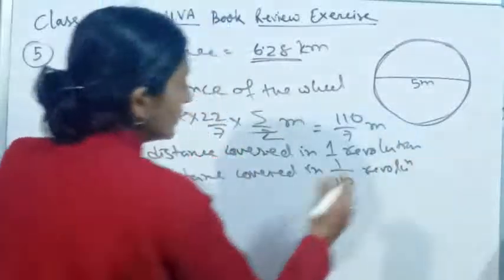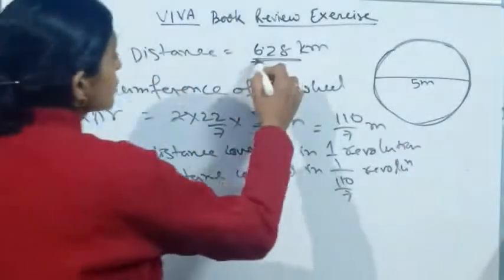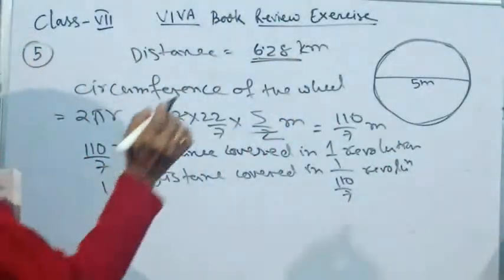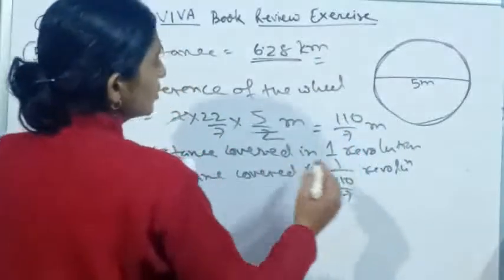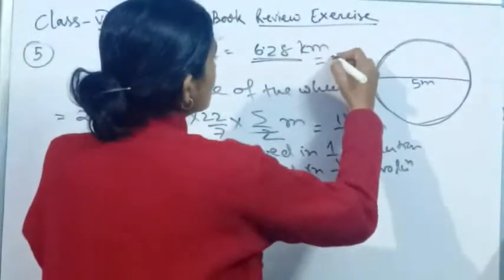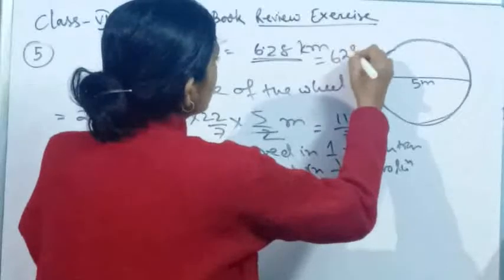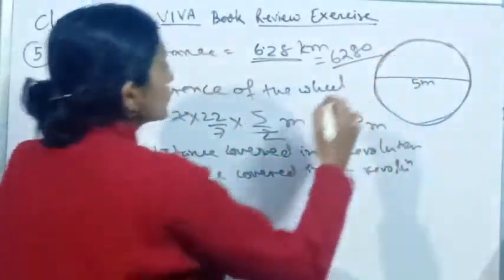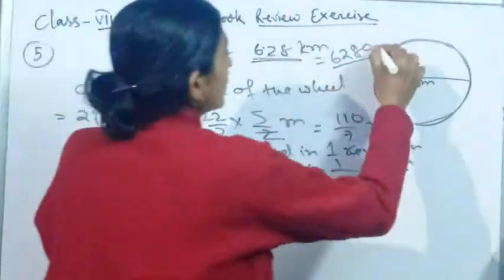Yes, we can write. Now my distance is given as 6.28 kilometer. Okay, here you have to change this to meter because different units we cannot consider here. So let's change this to meter, it will become 6,280 meter.